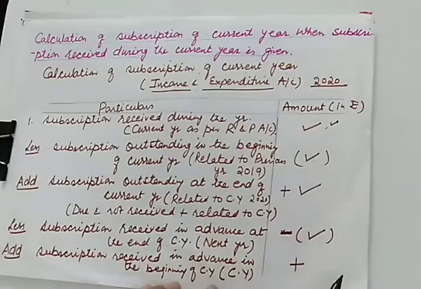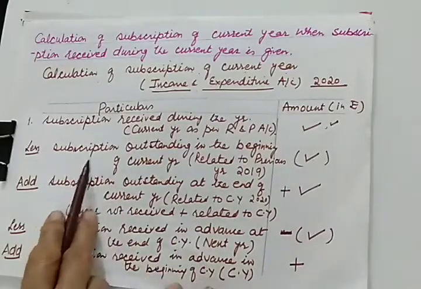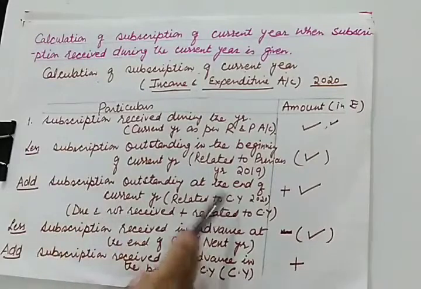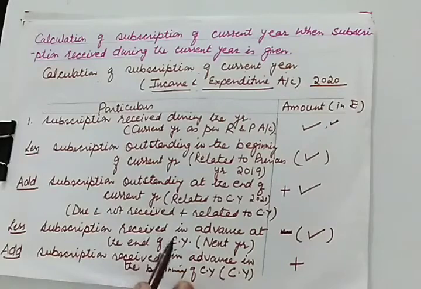So after doing these 4 adjustments, what 4 adjustments? Subscription outstanding in the beginning will be deducted, subscription outstanding at the end will be added, subscription received in advance towards the end of the current year will be deducted, subscription received in advance towards the beginning of the current year will be added.